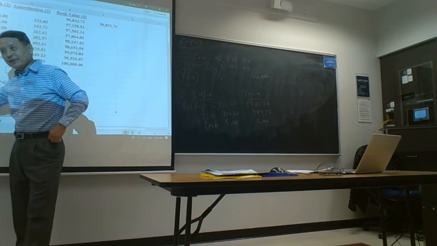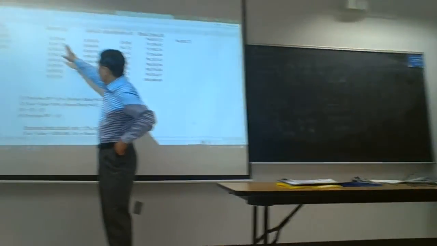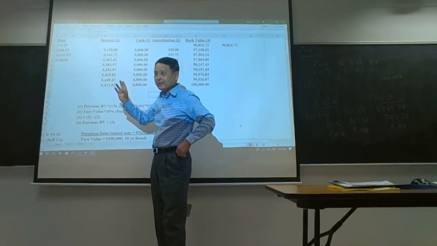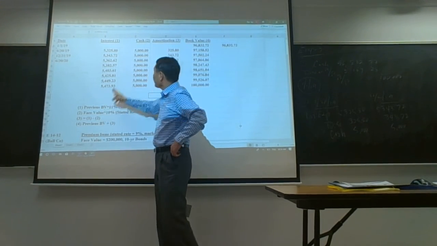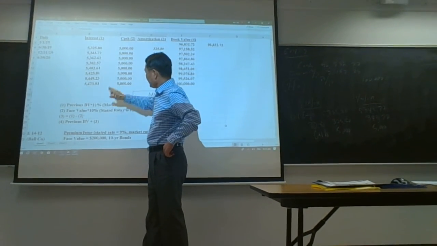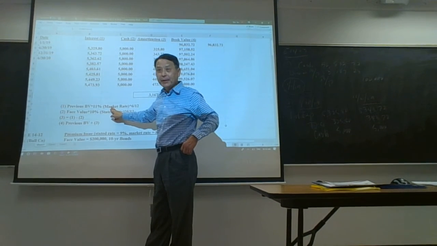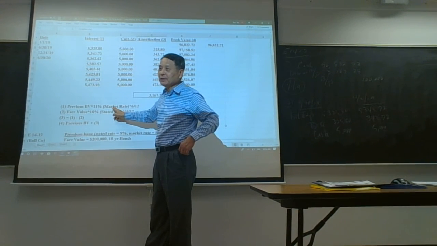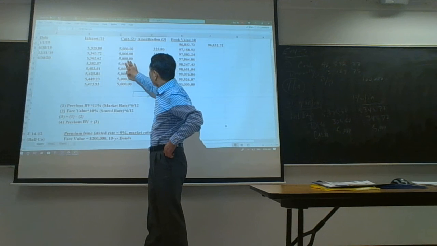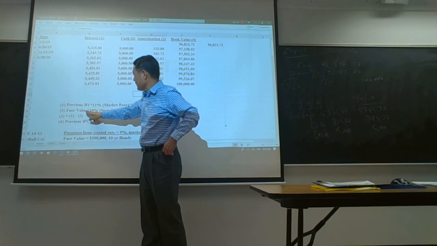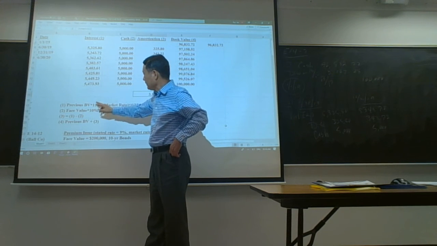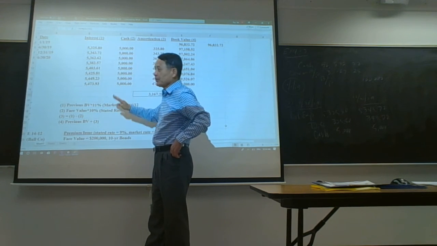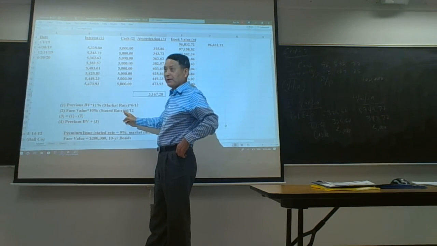Okay, this is important. Column number 1 is interest expense: the previous or beginning book value times the market or effective rate. Column 2 is the cash payment, based on face value and stated rate. The printed face value and printed stated rate determine the cash payment.